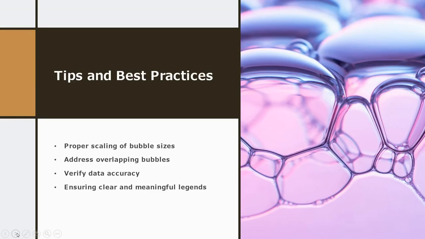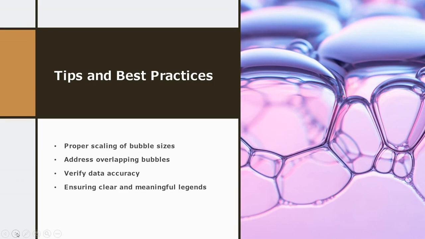And while working with the bubble plot, we should take care of some points. The first point is that proper scaling of the bubble sizes as well as the axes is very much required, because that scaling will help the viewer to understand the impact of the third variable.